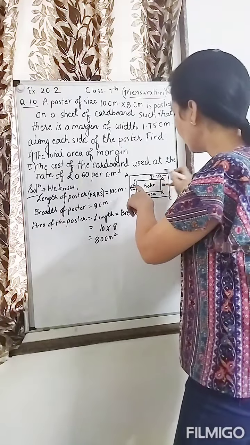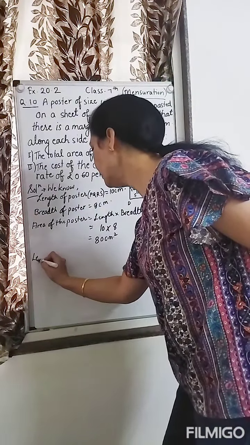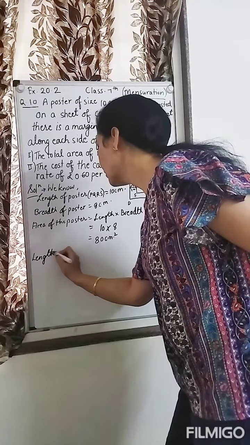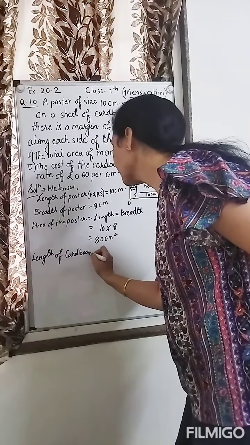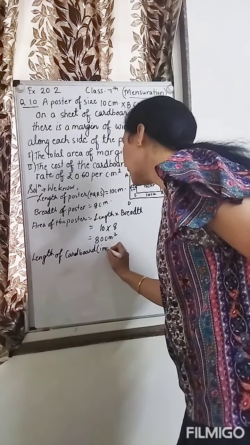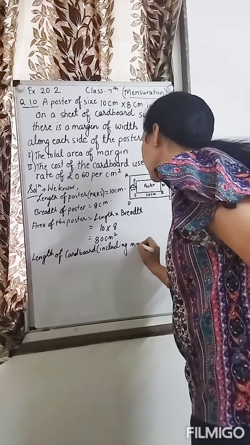Likewise, we will find out the area of the cardboard also. So let's see. Now, length of cardboard including margin, because there is a margin on four sides.